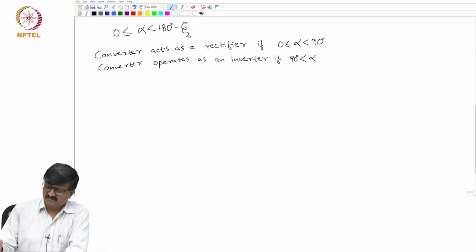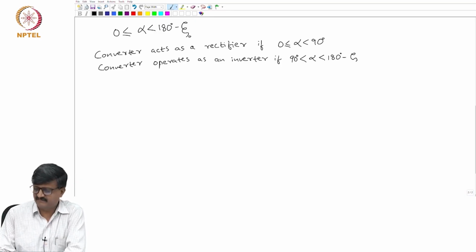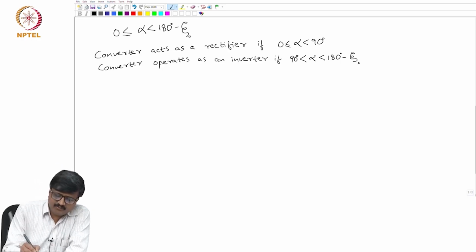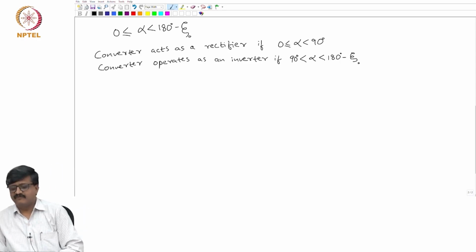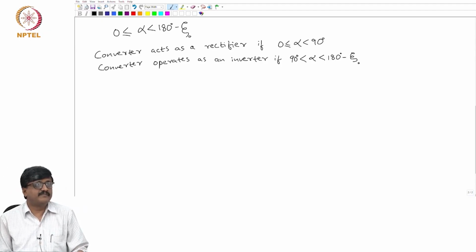So what is the upper limit on alpha? 180 degrees. Actually it's not 180 degrees, it's 180 degrees minus psi naught.